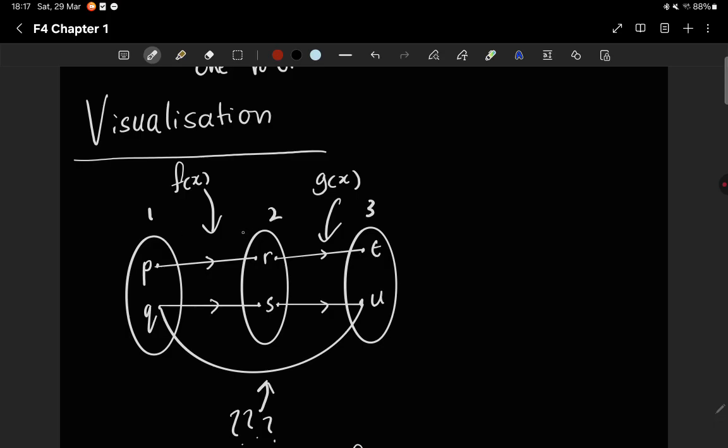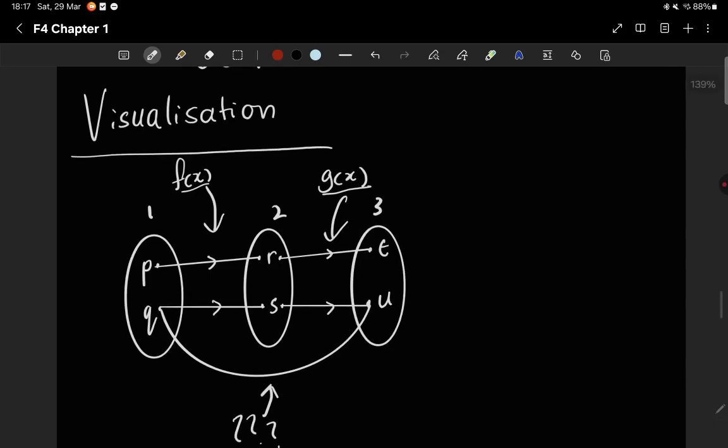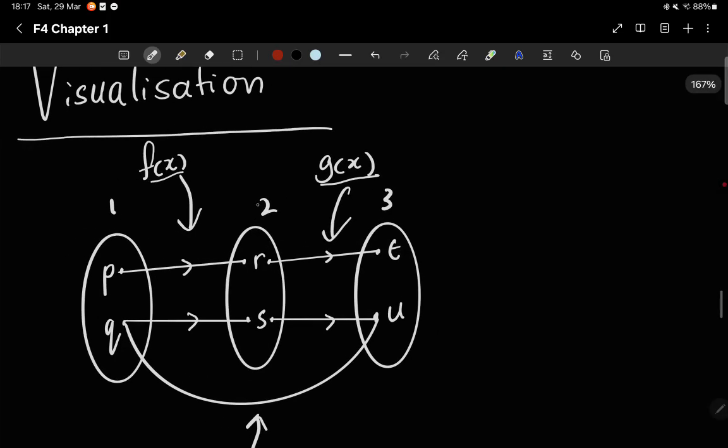And between each of these sets are connected by a function. Two different functions, in fact. Between set number 1 and set number 2, there is a function, which is f(x). And there's another function which connects set 2 and set 3, which is called g(x).